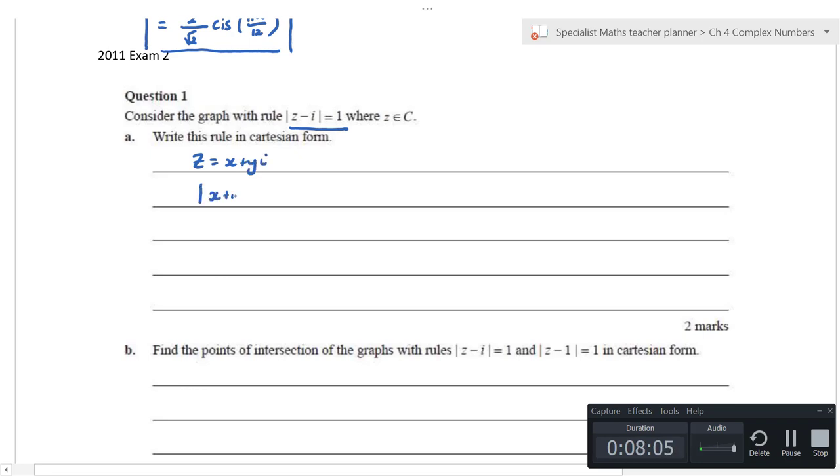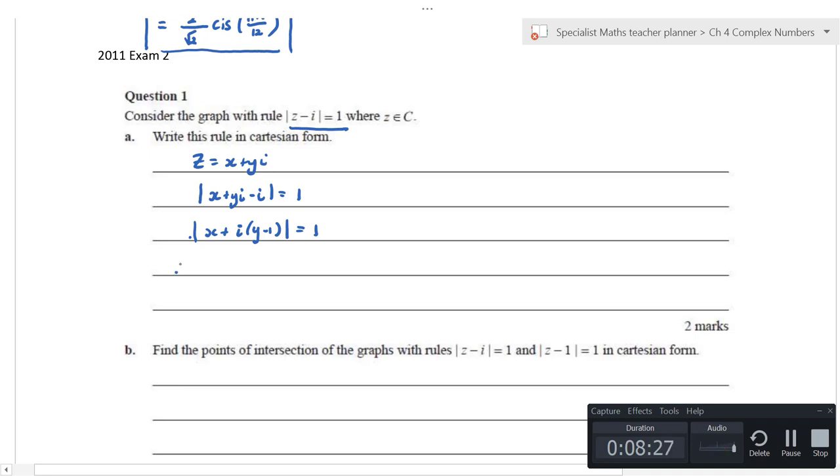And then we're going to put that into this equation. We've got X plus YI minus I is equal to 1. Now, let's collect our real and imaginaries. We've got X plus, let's put a Y at the front because that's our imaginary part, and we've got Y minus 1, and the magnitude is equal to 1.